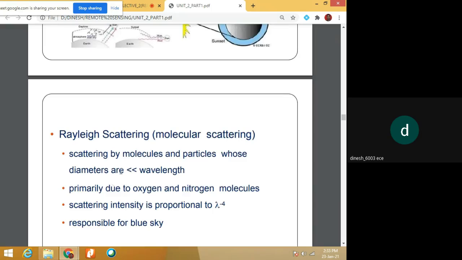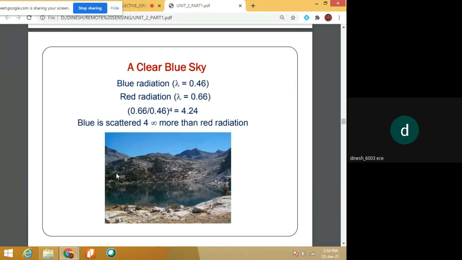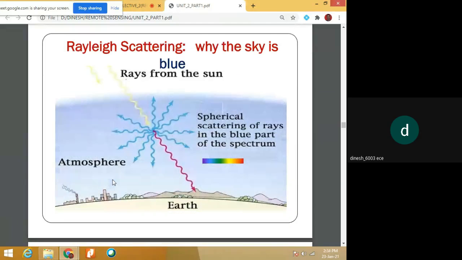You can see a clear blue sky. Blue radiation is around 0.46 micrometer, and red radiation is around 0.66. In daytime, your sky will look like this because blue is scattered 4 times more than red radiation. So why is the sky blue during daytime?